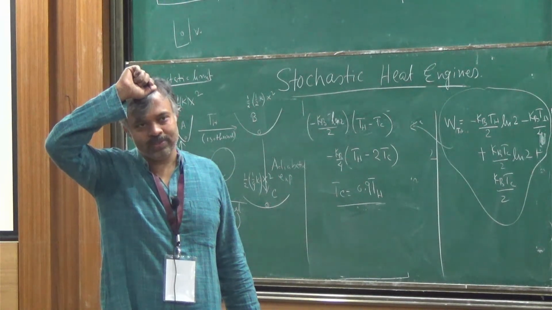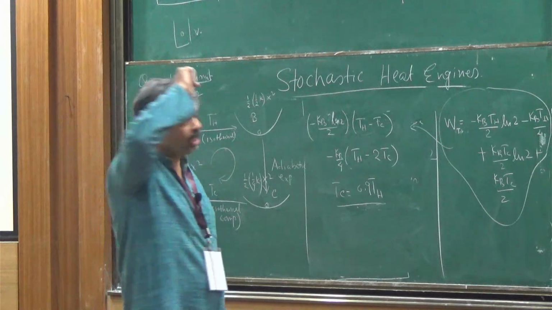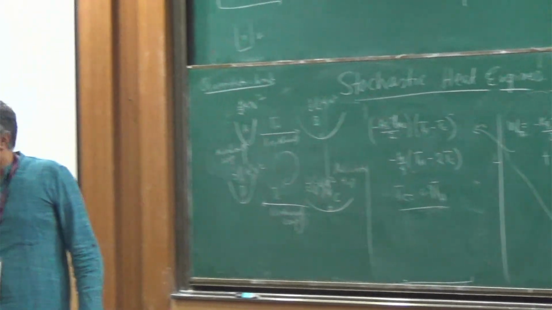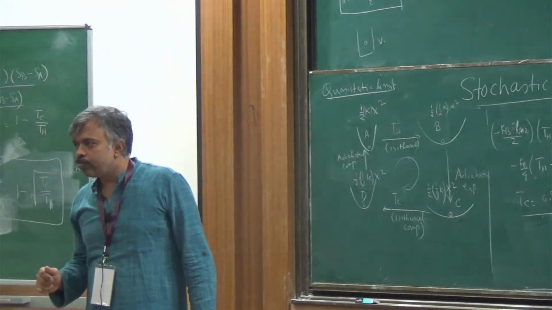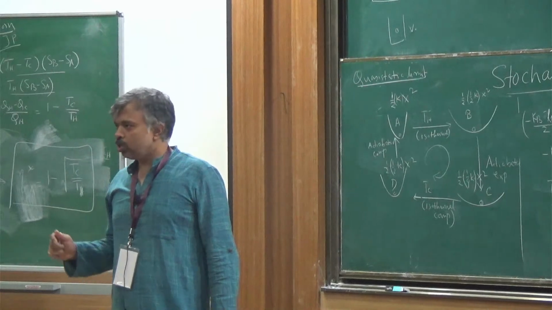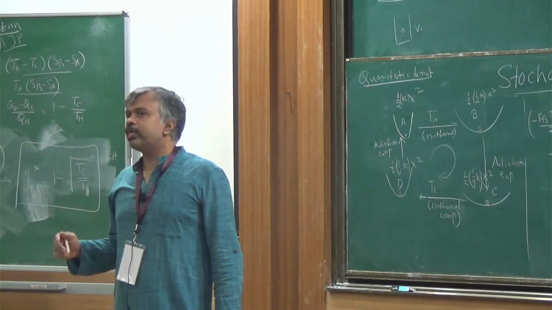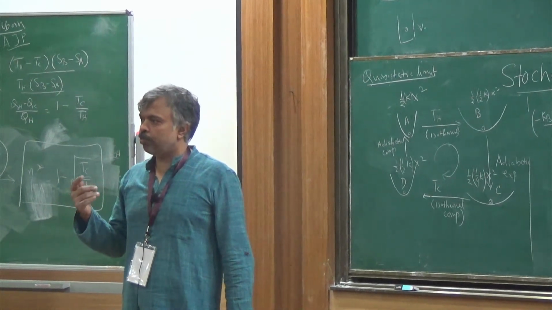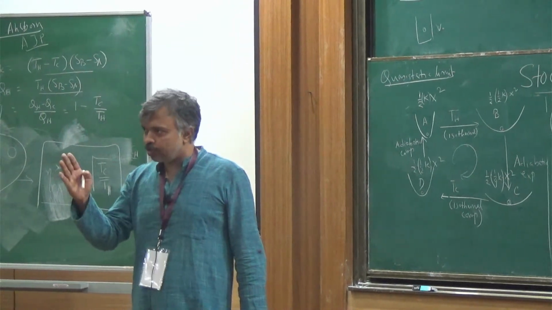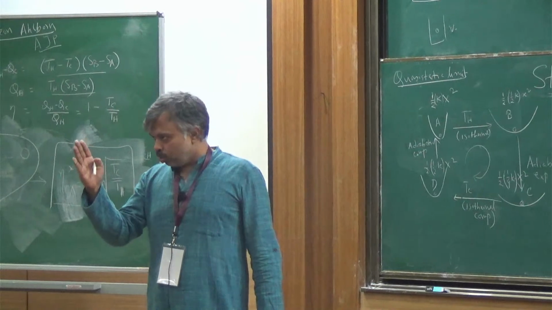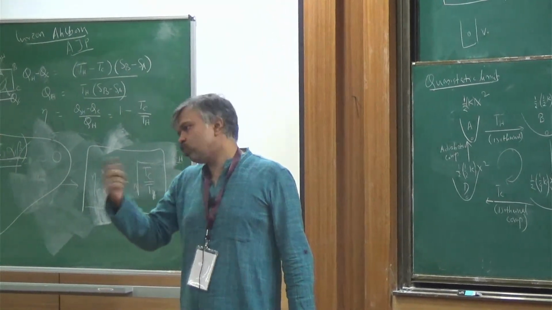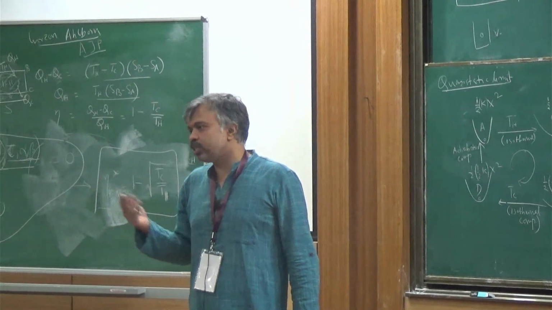So it is possible even in experiments that we can change the spring constant K. Instantaneously, of course, but instantaneous is always with a pinch of salt, because the instantaneity has to be less than the scale of the dynamics of the particle. That is what we are calling instantaneous.